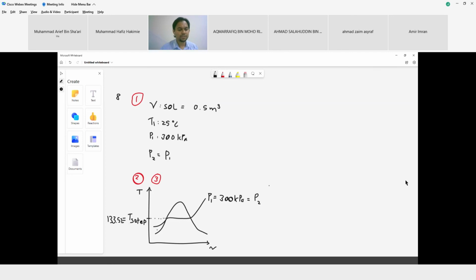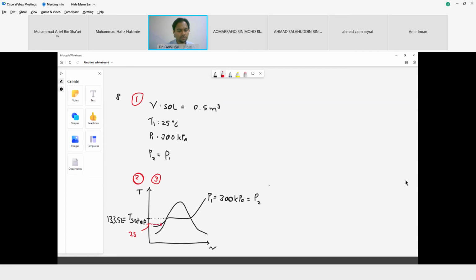The given temperature is 25 degrees C, which means it's somewhere below T saturation. So somewhere here, 25 degrees C, below T sat. Then you can draw a line to the constant pressure line.